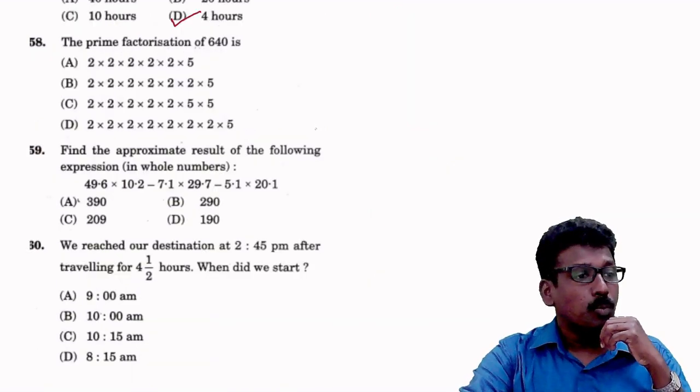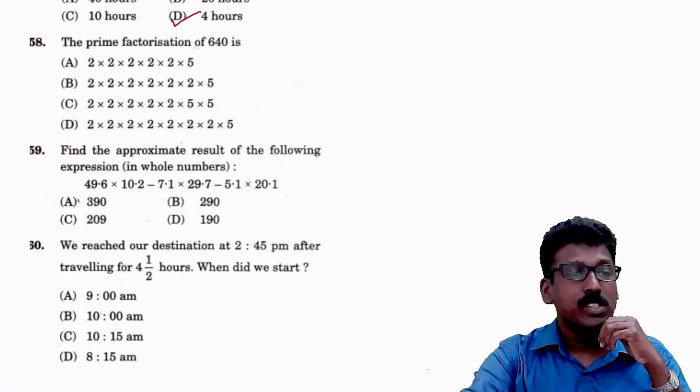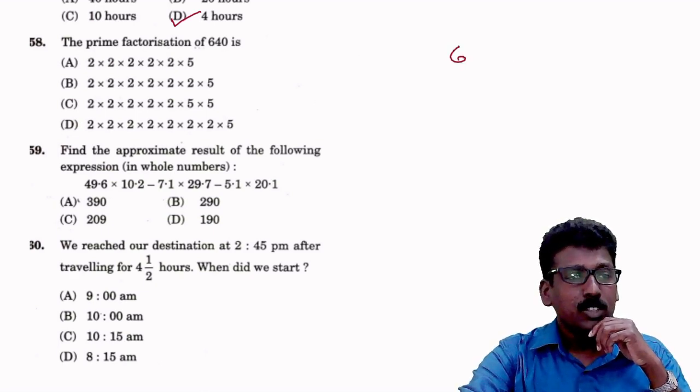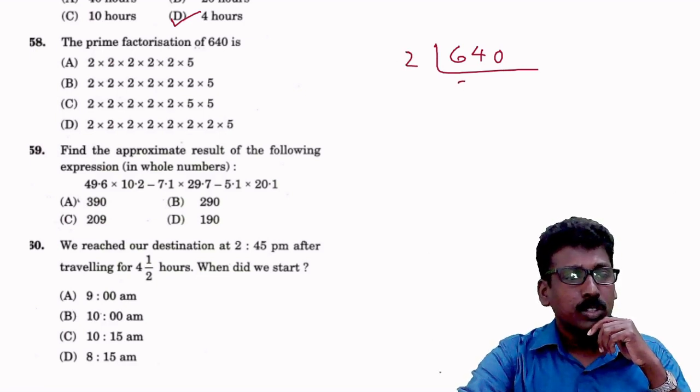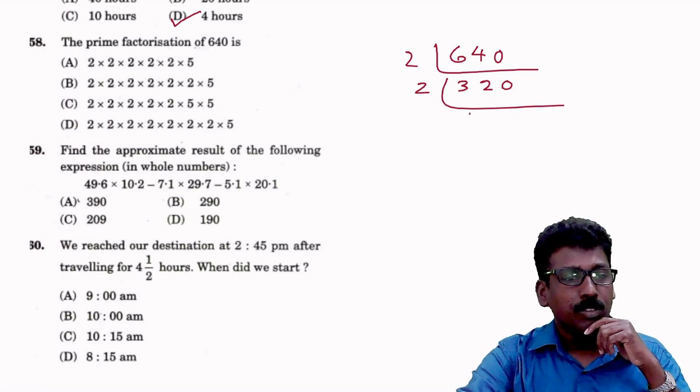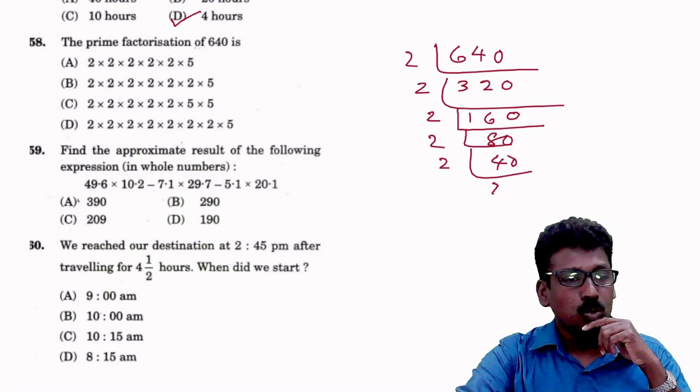Next question is the prime factorization of 640. That you can do very easily. By 2 you can divide: 640 gives 320. Again by 2, 160, then 80, then 40. Then again by 2, 20. Again by 2, 10.